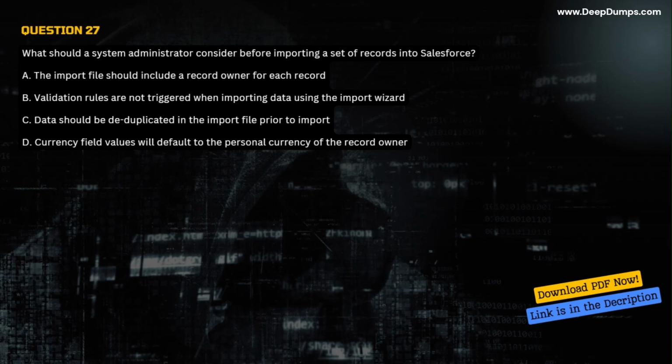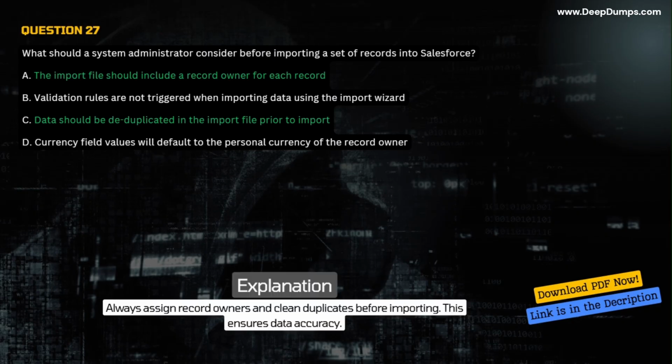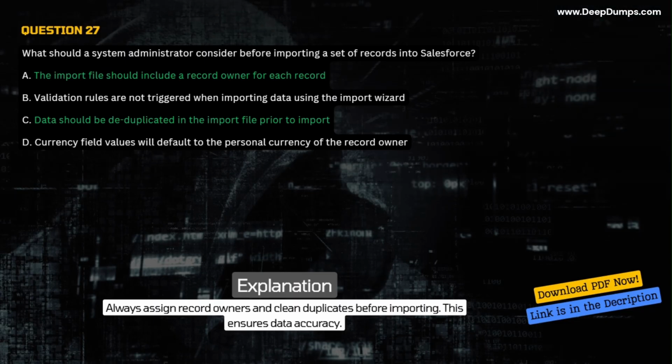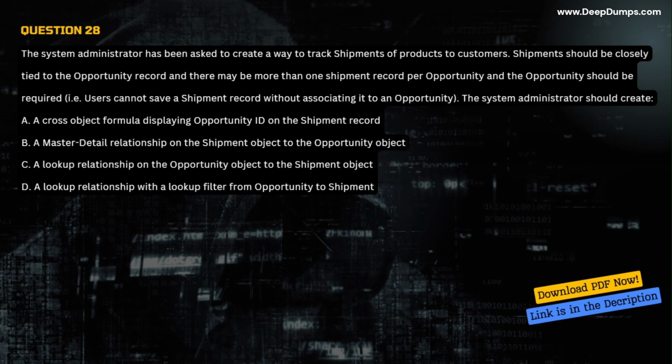D. Currency field values will default to the personal currency of the record owner. Correct answer A and C. The import file should include a record owner for each record. Data should be deduplicated in the import file prior to import. Explanation. Always assign record owners and clean duplicates before importing. This ensures data accuracy.